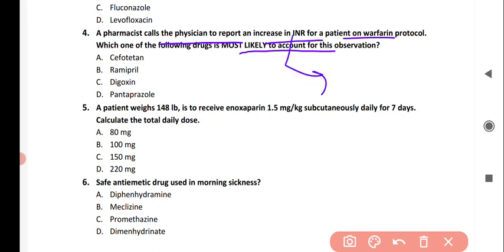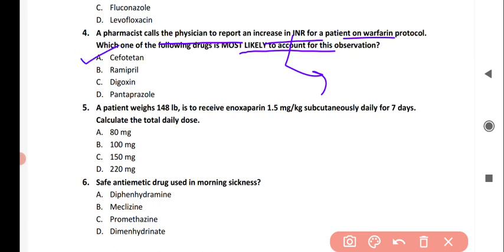INR is international normalized ratio. So there is an increase in this INR ratio. We have to find what is the reason behind the increase in INR. So simply, INR is international normalized ratio. When INR levels are increased, that means our blood will take a longer time to clot.